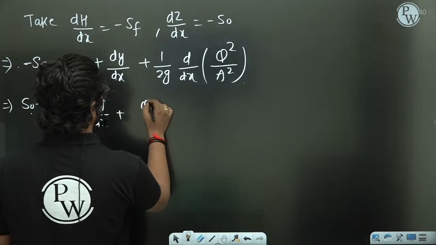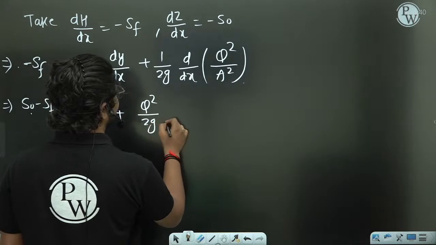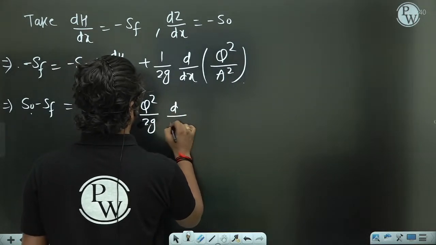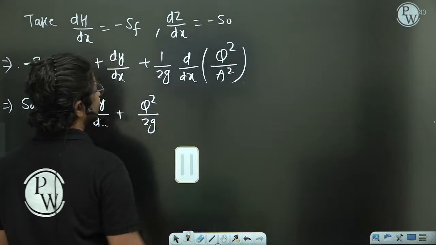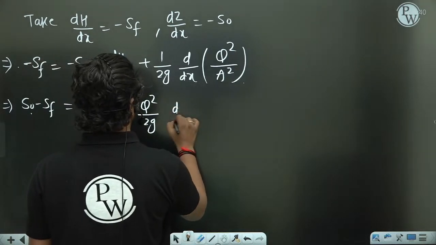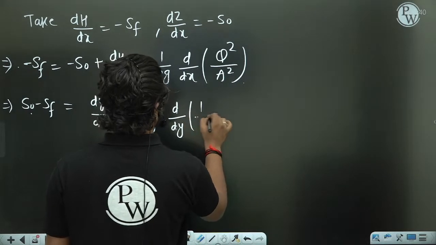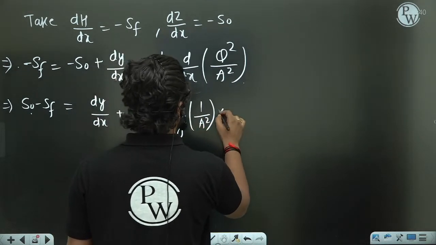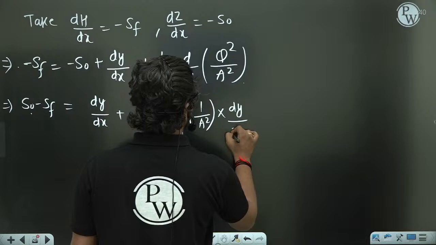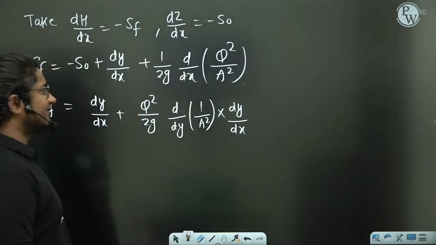Now this will be q squared upon 2g, I am keeping outside. This will be d upon dx. I can change this a little bit now, like I can write this as d upon dy, bracket we have 1 upon a square into dy upon dx. I don't think anybody will have any problem in this.